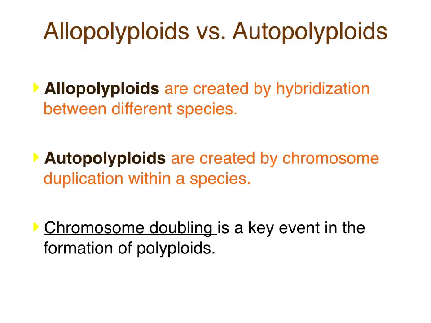Autopolyploidy, same, is created by chromosomal duplications within a species, so it's not necessarily different species hybridizing. But again, that chromosomal doubling is the key event in transitioning from sterile hybrids that are formed between two separate species mating, and becoming a fertile lineage.